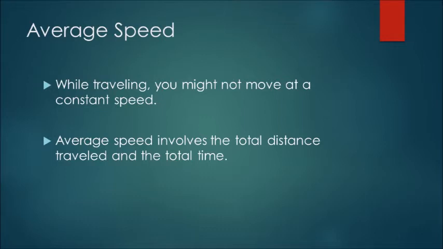You could be speeding up, slowing down, or coming to a stop, maybe at a stoplight or a stop sign. An average speed involves the total distance traveled and the total amount of time it takes to travel that distance. When we're looking at average, we're looking at the whole thing.